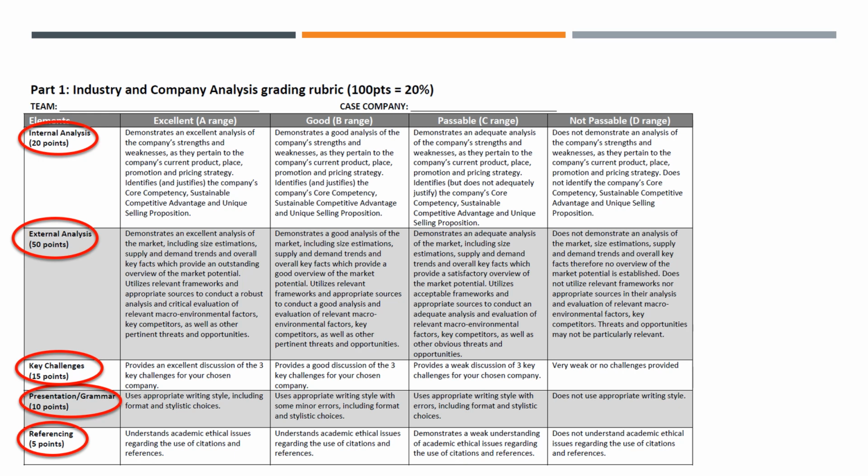We want these reports of part 1 to be very pithy and very tight. And in terms of referencing, because a lot of the data and information you use to back up your external analysis will be sourced probably from the internet, we want you to reference those sources.